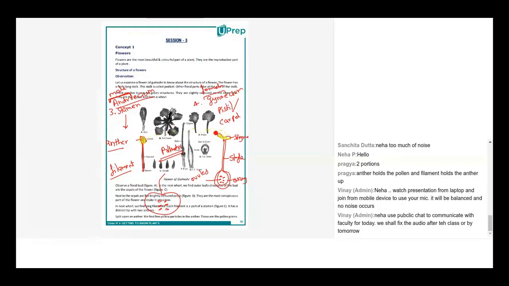Now, can any one of you tell me, how does it stay on the stigma? Won't it fall off? Won't it just fly away again? Anjali, can you answer? The question I just asked: once the pollinators bring the pollen grains to the stigma, how does it stay back on the stigma?